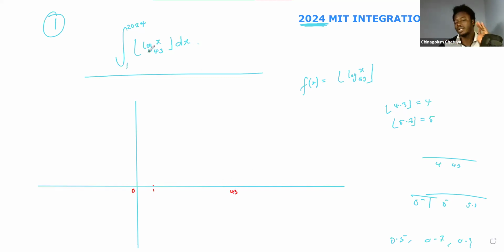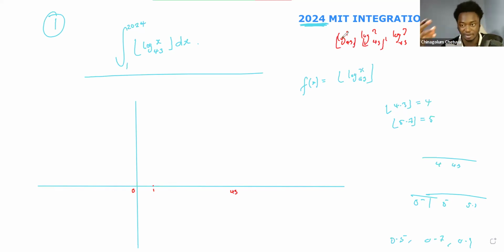Because the logarithm of 1, of 2, of 3 to base 43 are all less than 1, and we are taking the floor of all these numbers, they are all equal to 0.